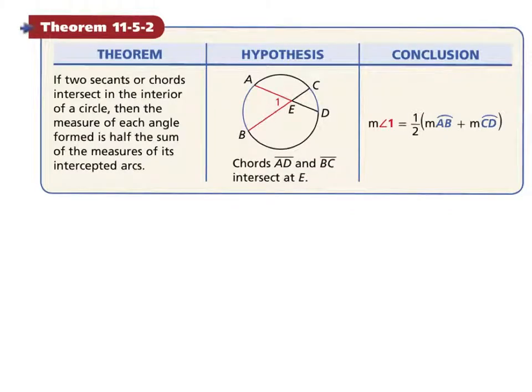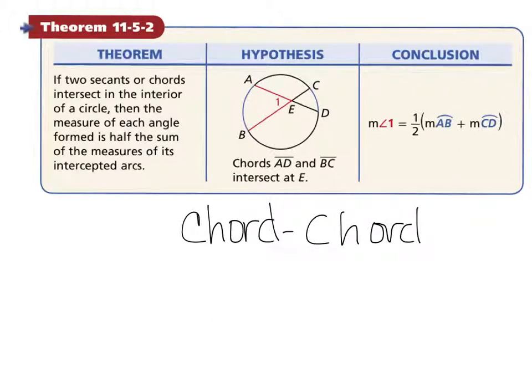The next theorem, 11.5.1, talks about a chord-chord angle. The reason it's a chord-chord angle is because you have two chords that intersect. Notice that the vertex is on the inside of a circle. That's just like a central angle, but it doesn't cross at the center.